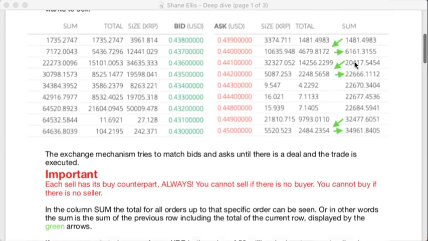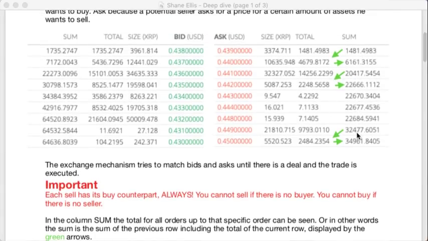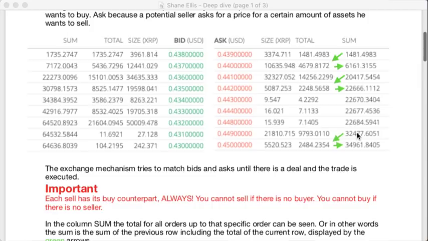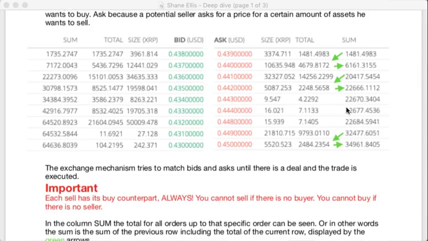So in the sum column, we can see that when we want to transact $20,000, we have to execute the first three orders, which will drive the price up to 44.1 cents.